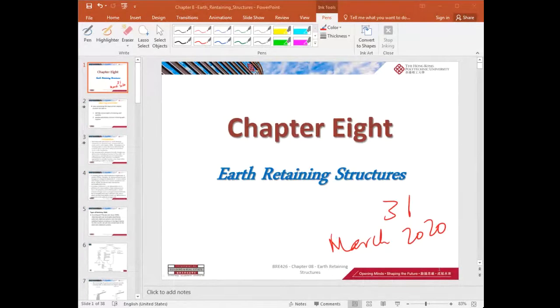Now I'm trying to repeat a few slides in chapter 8 because we have lost our content in the last lecture. Now, chapter 8, Earth retaining structures.